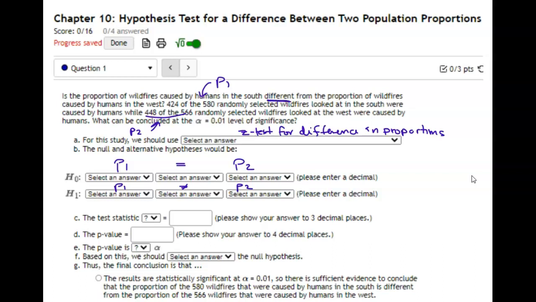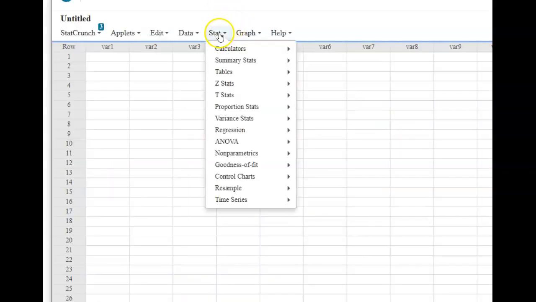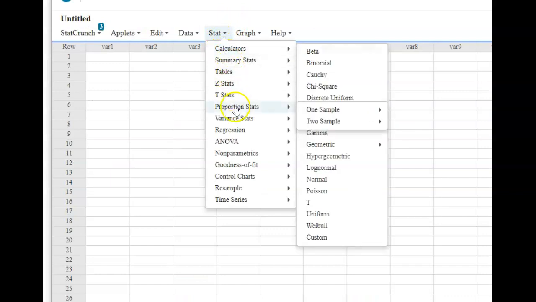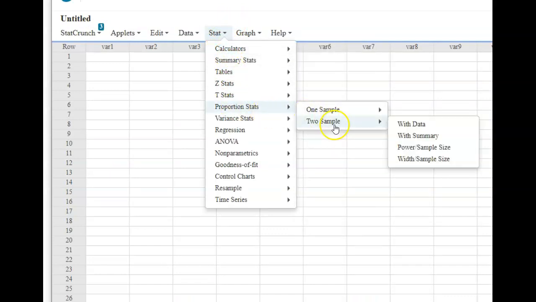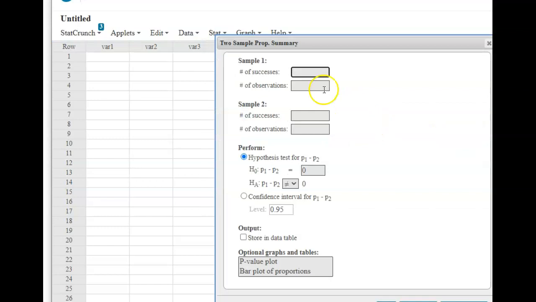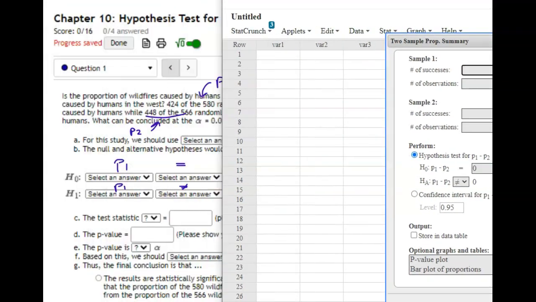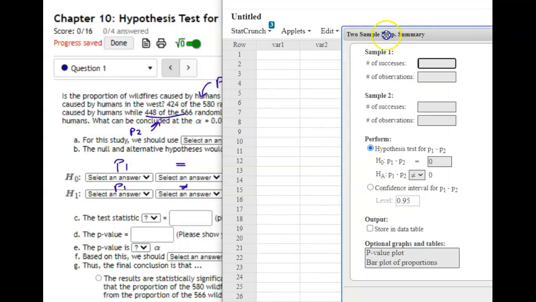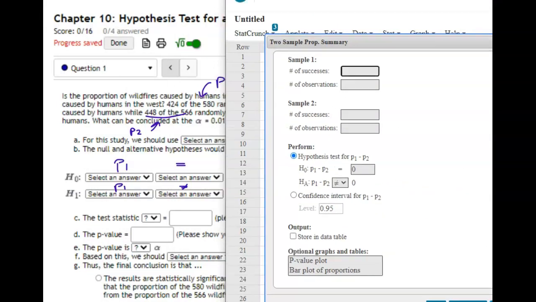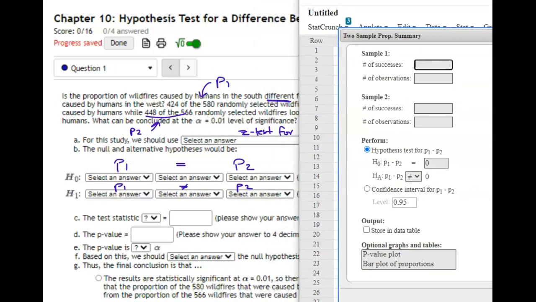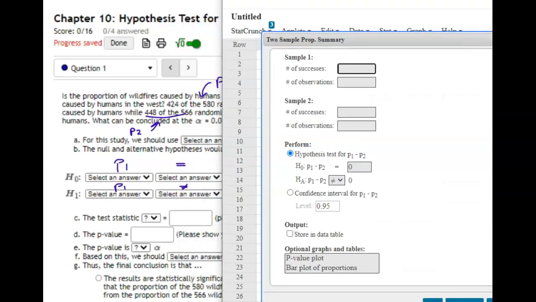Okay? All right, so we do the calculations. With StatCrunch, you're going to go to Stat, Proportion Stats, with two samples with summary. So we've got to put in the information here. Let's see if I can see both things at the same time. Oops, that didn't work.